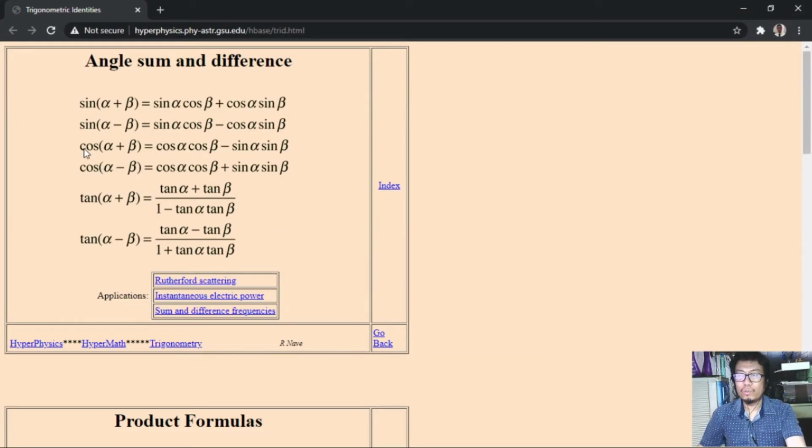So what we need is this one, the third identity. So cosine of alpha plus beta is cosine alpha cosine beta minus sine alpha sine beta.